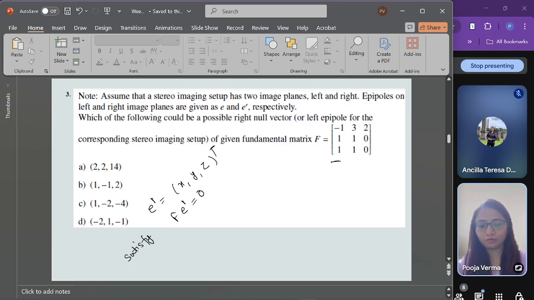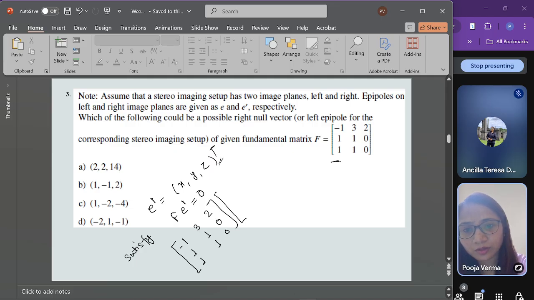Okay, so now F is already given, and we have to satisfy this equation. From here you will get the rows 1, 3, 2, then 1, 1, 0, and 1, 1, 0, multiplying E dash, which we have assumed to be X, Y, Z, equal to 0. From here the equations will be made, and from there we have to solve for the X, Y, Z values, and that will give the answer.